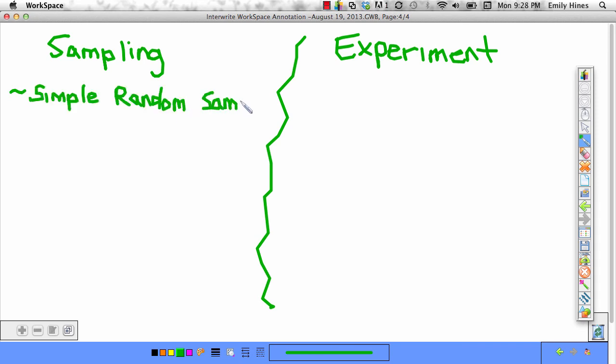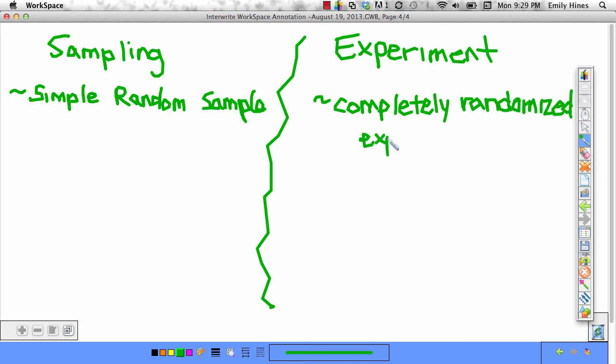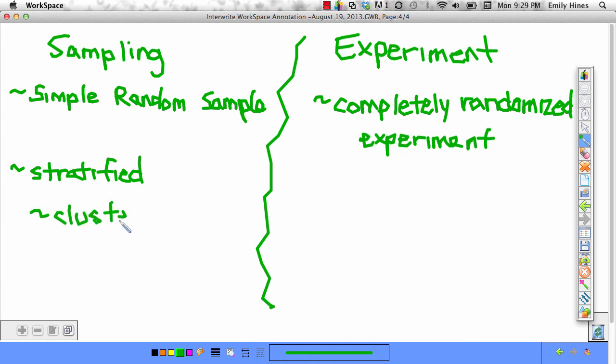And in an experiment, the most common one is called a completely randomized experiment. These are not as confused as much as the others. For example, in sampling, I have stratified, and I have cluster. Those are my two other types of sampling methods.